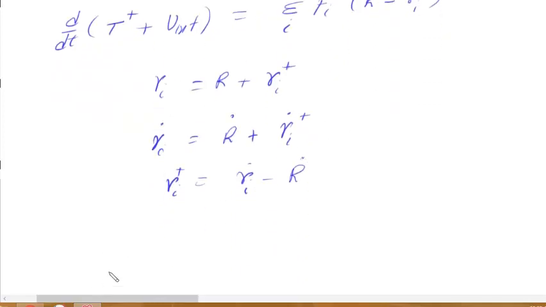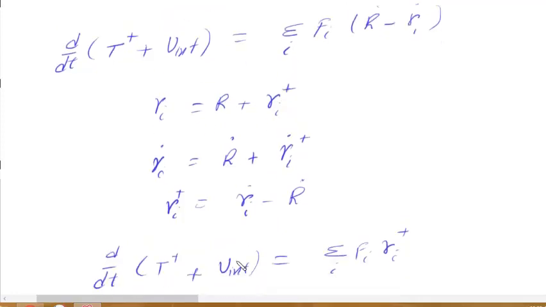Then d/dt of T plus V, where T is the relative kinetic energy about the center of mass and V is the internal potential energy, is equal to the sum of the forces Fi dotted with ṙ'i.